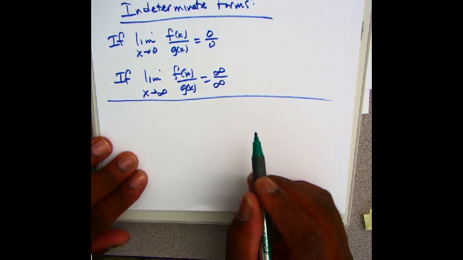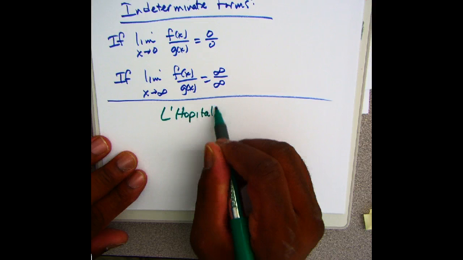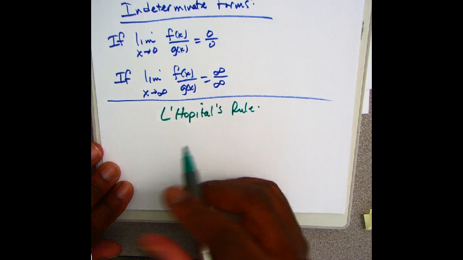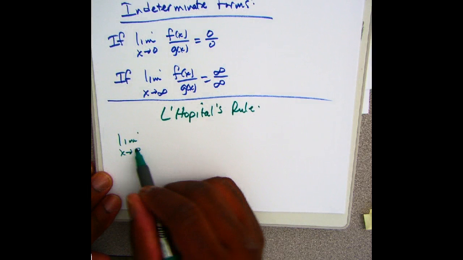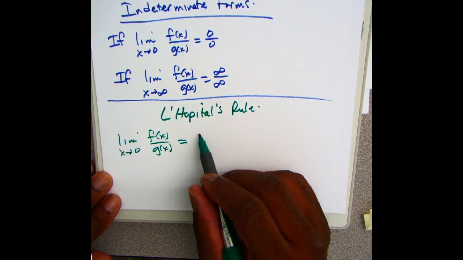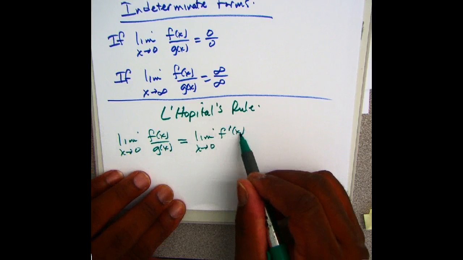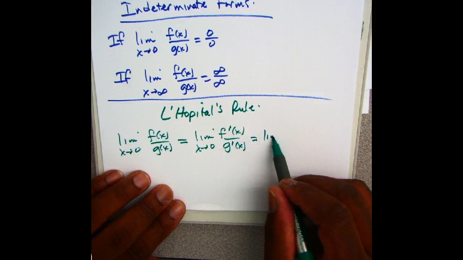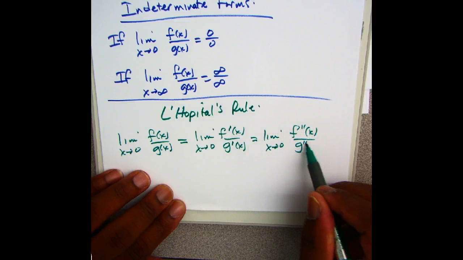Got it? All right, so here is L'Hopital's rule. It says that the limit as x goes to 0 of f of x divided by g of x is also equal to the limit as x goes to 0 of f prime of x divided by g prime of x, which is also equal to the limit as x goes to 0 of f double prime of x over g double prime of x.